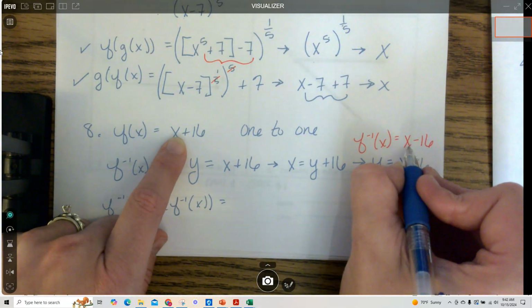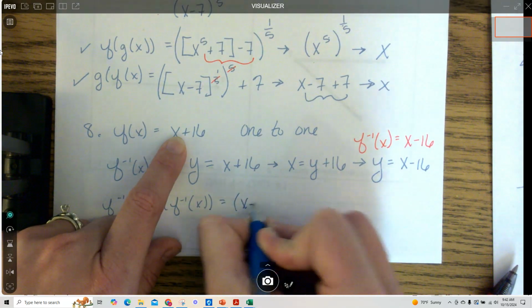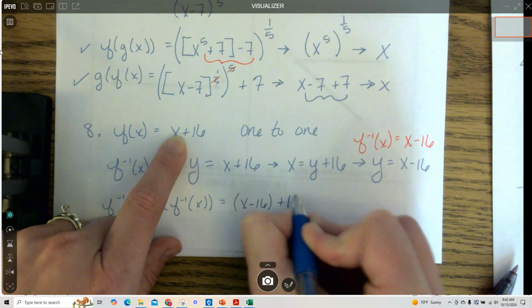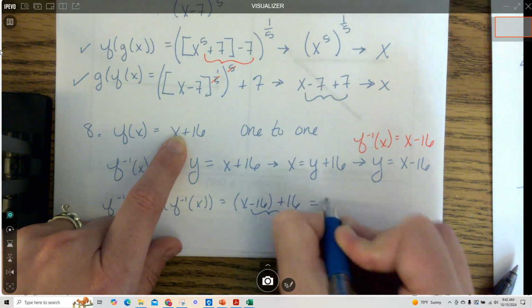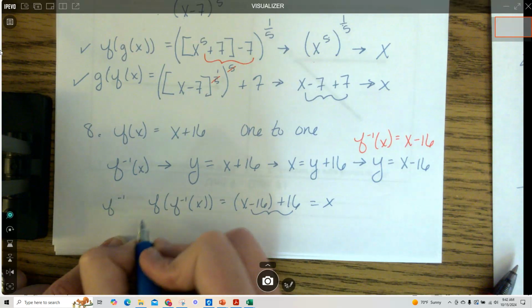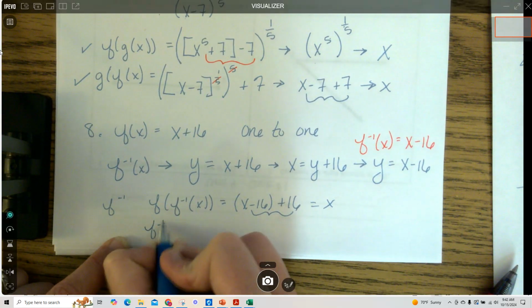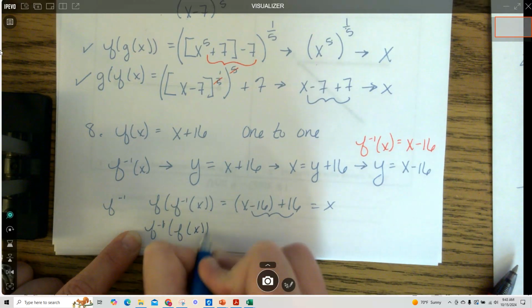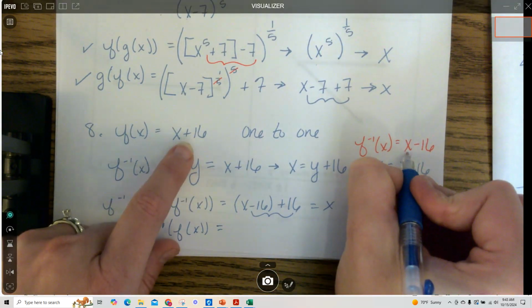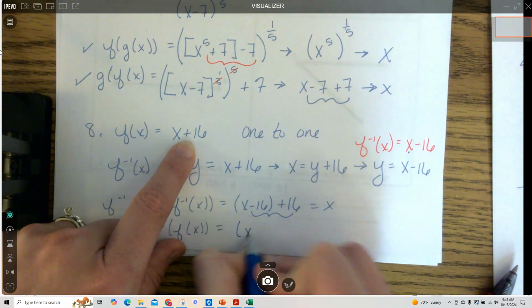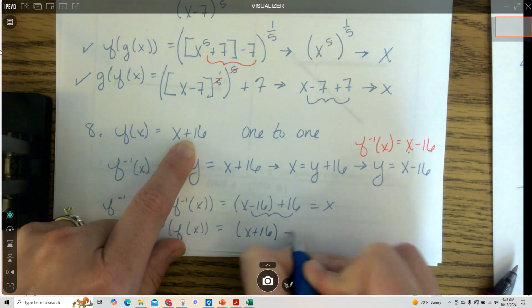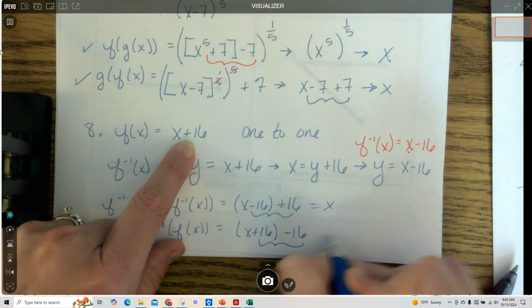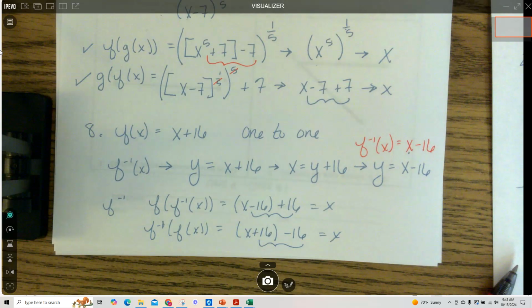This x would become this. So x minus 16 plus 16, like terms cancel, equals x. And then flipping it, the inverse of f of x would mean this x becomes this. Like terms cancel, equals x.